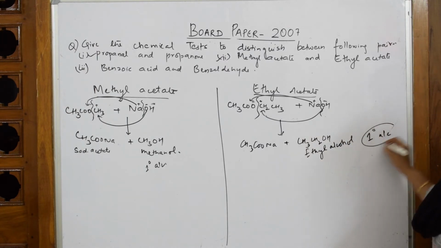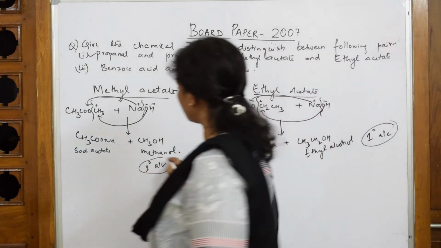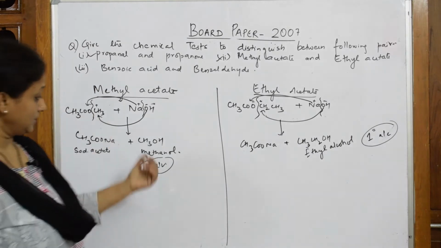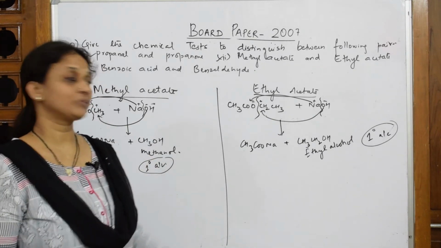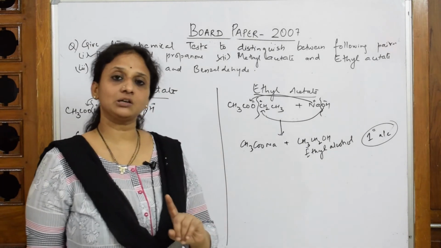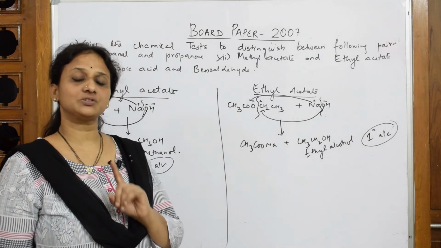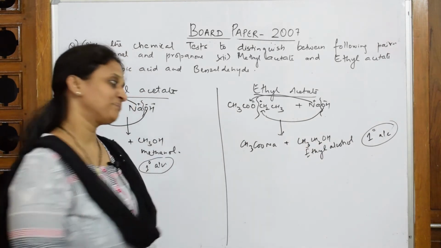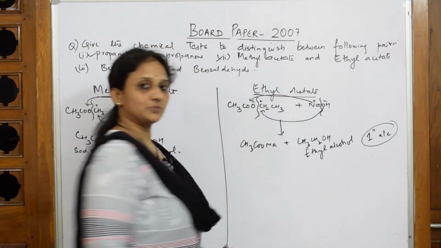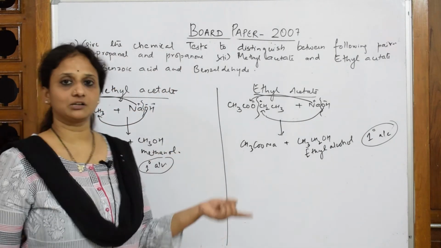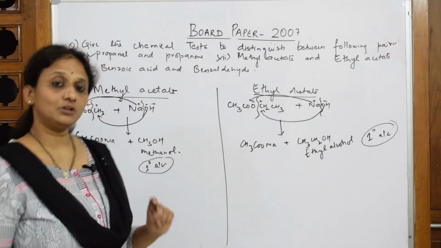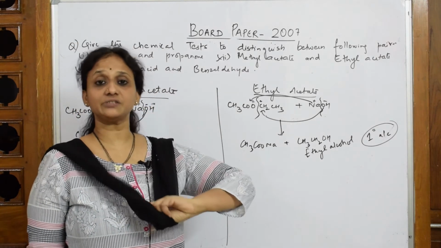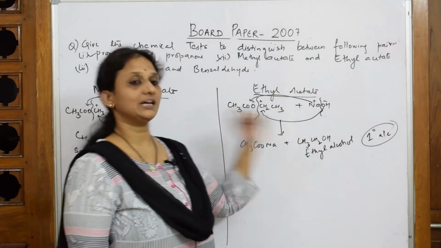Now, what should you remember? Here I got the same compound, here also the same compound. But you have to remember that among primary alcohols, the only alcohol which responds to the iodoform test is ethyl alcohol. Remember that. Your work is almost over now. So, among primary alcohols, the only alcohol which gives a positive iodoform test is ethyl alcohol.